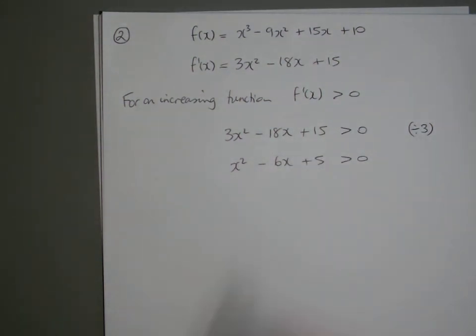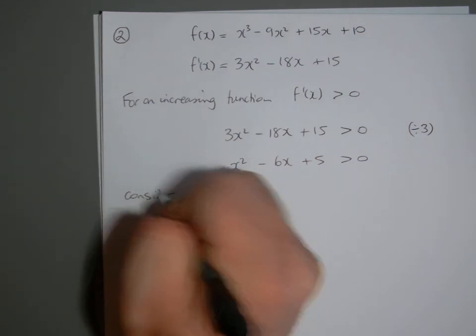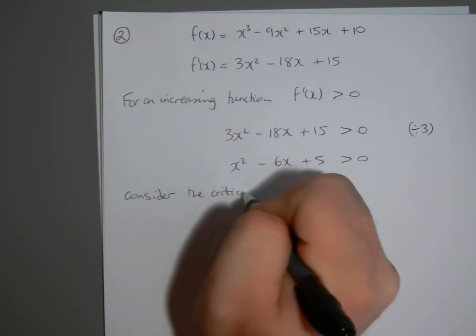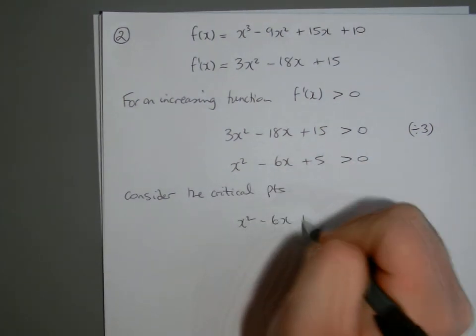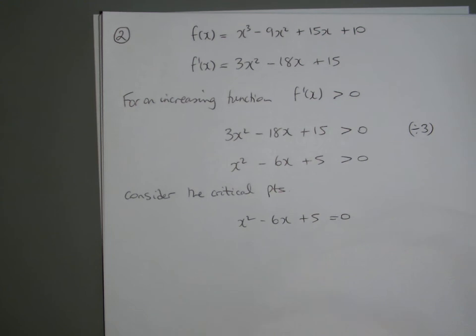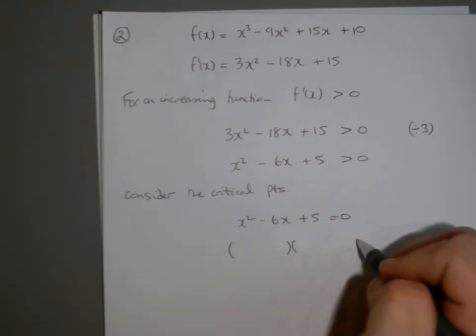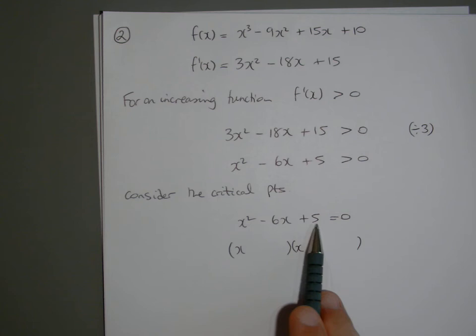To solve this, we look at the critical points, don't we? We consider where the actual quadratic here is equal to 0. Now this goes back to one of the first topics we did. So we look at where the quadratic is equal to 0, and then we solve it. So, two brackets, x in both, and we need two numbers that multiply to give 5 and add up to give minus 6.